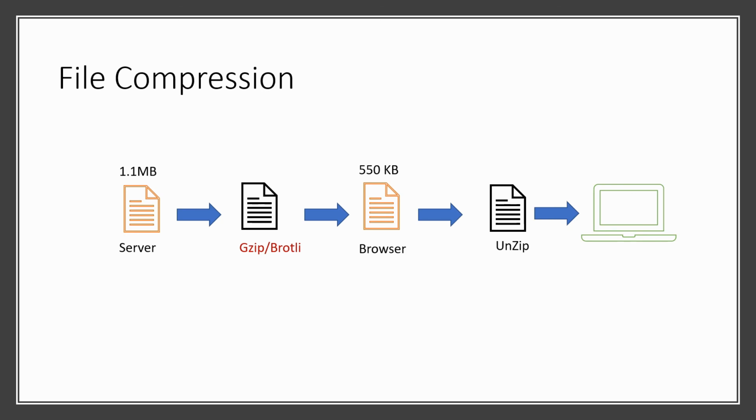The browser then unzips the file and renders it to the user. The technology used is gzip or Brotli to compress the file on the server side. So how are you going to do server side compression? Using htaccess, you can implement file compression using gzip.